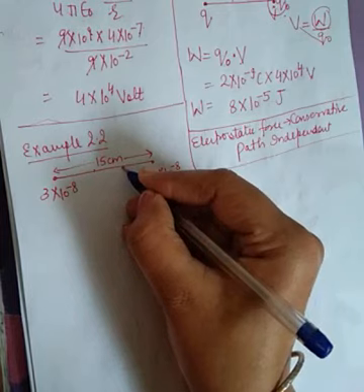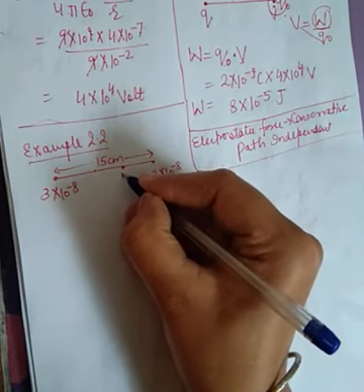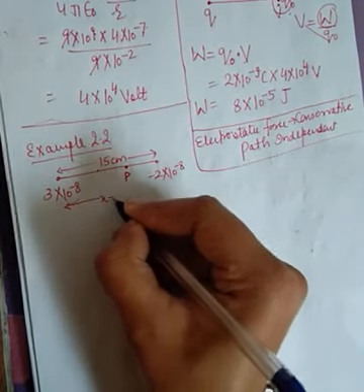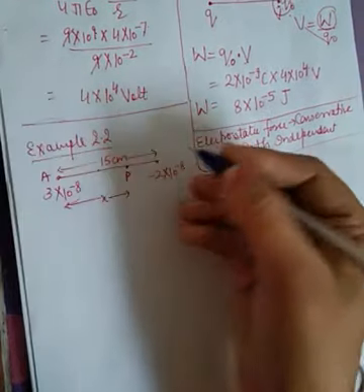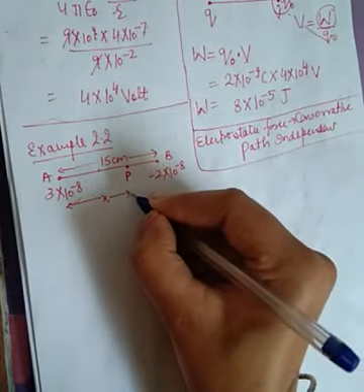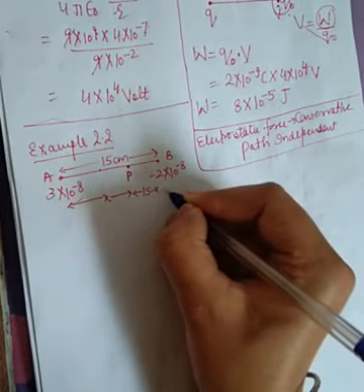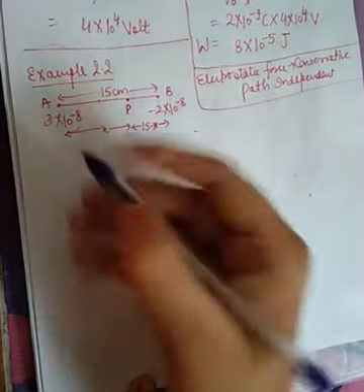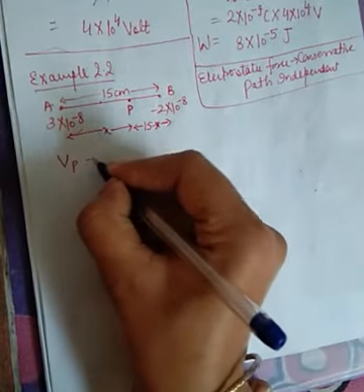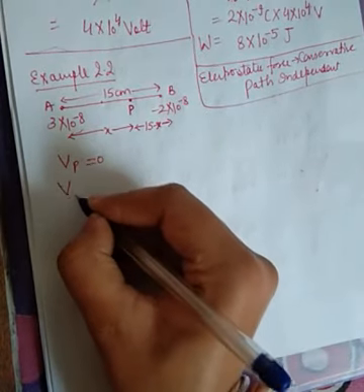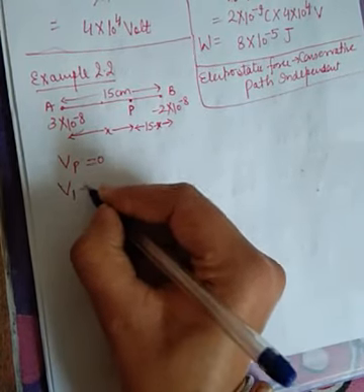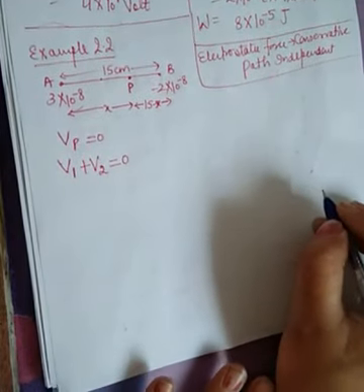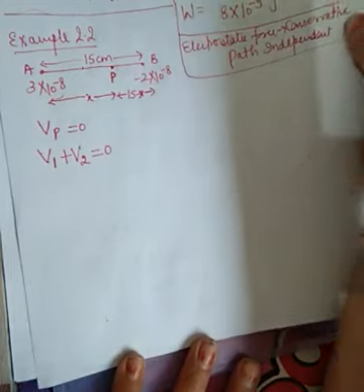Okay, so at this point, let it be point P, which is at a distance of x from the first charge and at a distance of 15 minus x from the second charge. Okay, so it means potential at point P will be 0. Potential at P due to first charge plus potential at P due to second charge sums out to be 0. What is the formula of potential?